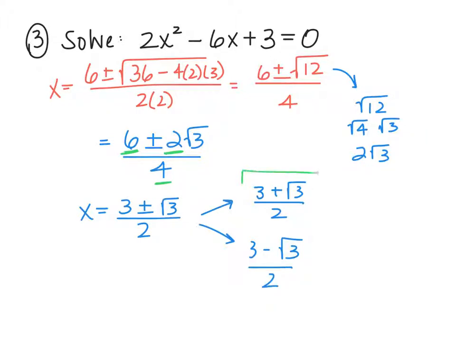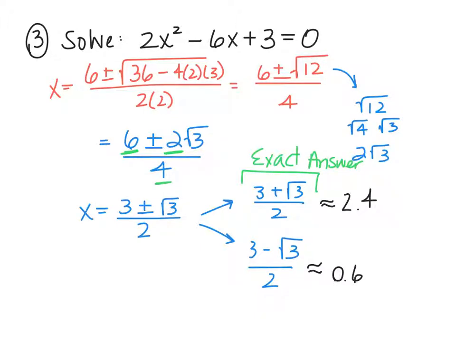All right, for the sake of your notes, these are exact answers. So if you're ever asked for an exact answer, this is what they're looking for. And if I type this in my calculator, my approximate answers are going to be 2.4 and 0.6.